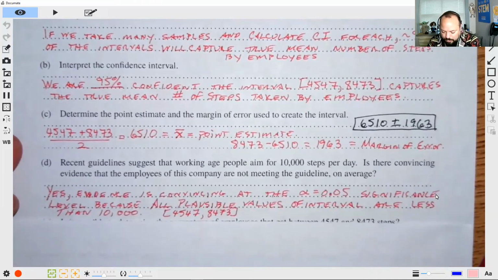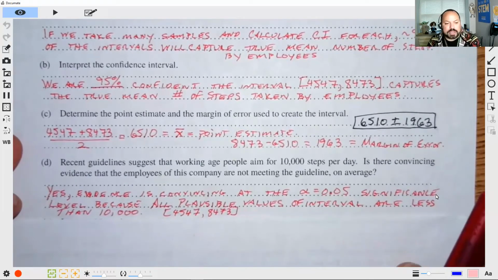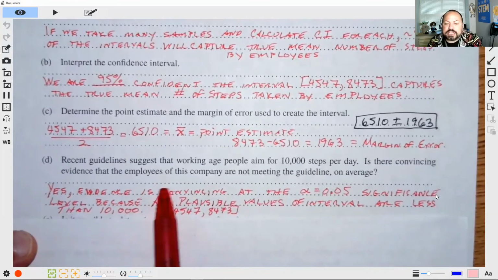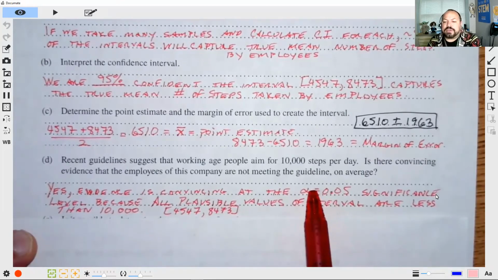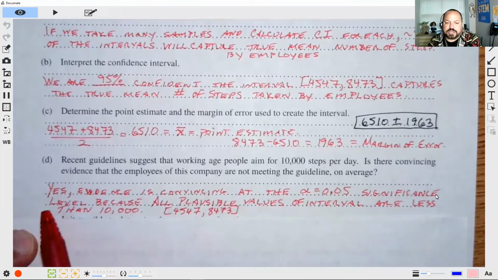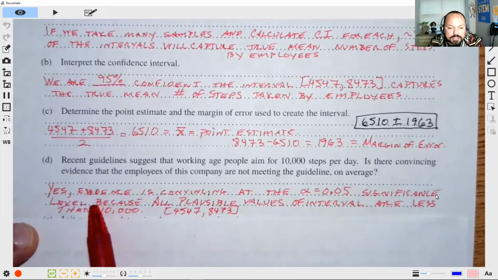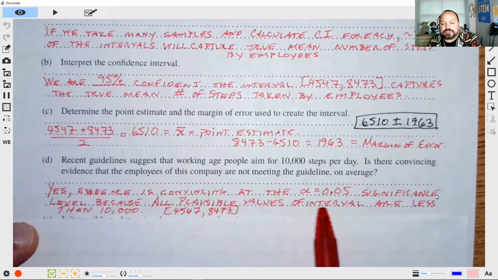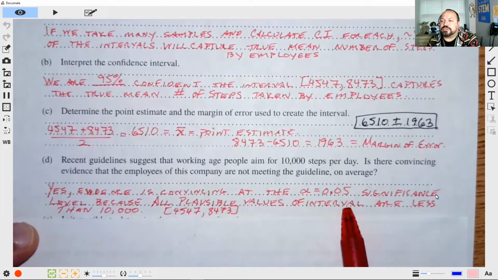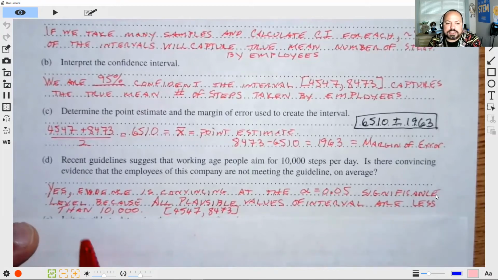How would we answer that? We could say yes, the evidence is convincing at the alpha equals 0.05 significance level. Now, 0.05 for alpha is because 95% is the confidence, so 0.95, and the complement to that is 0.05. Because all the plausible values for the true mean are in the interval, and they're all less than 10,000, our evidence is convincing at the 5% level of significance.